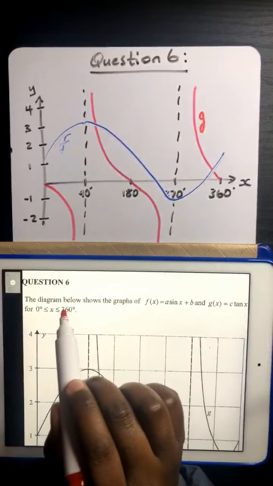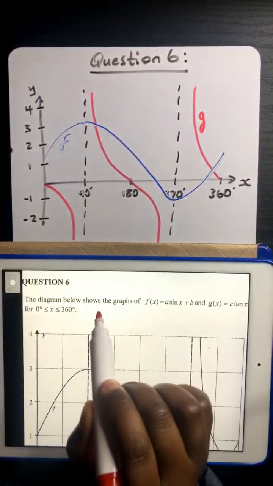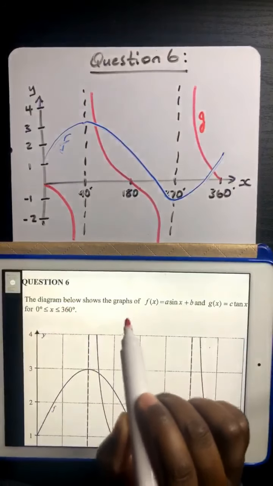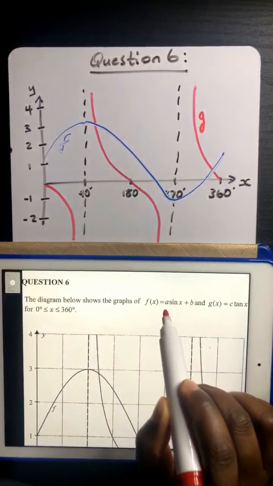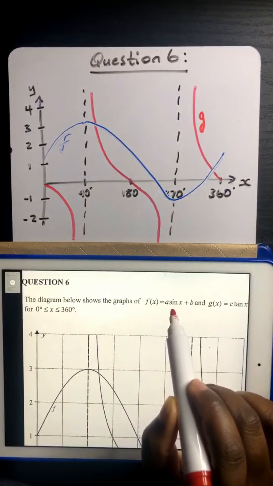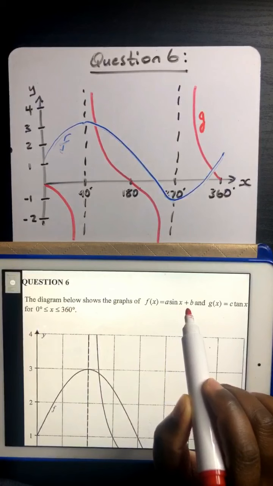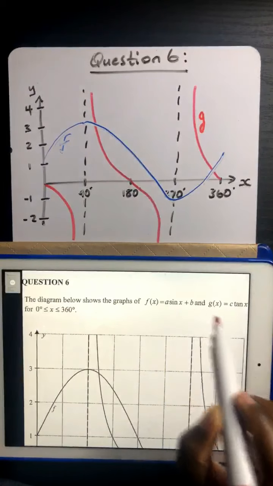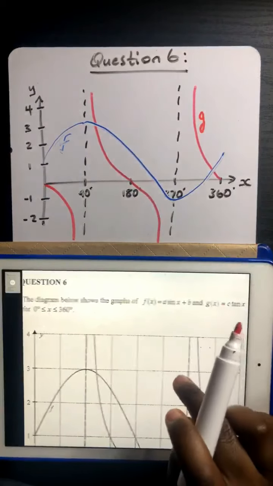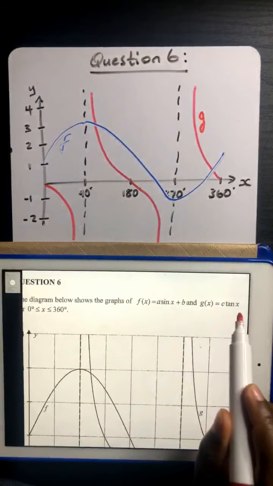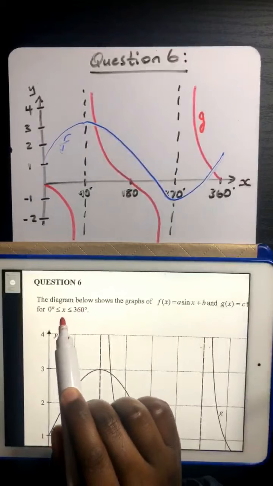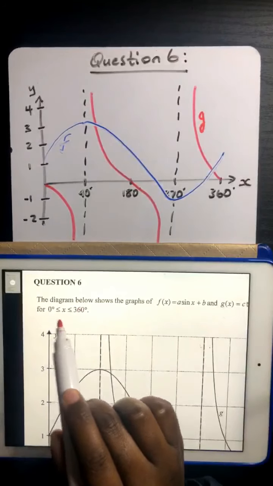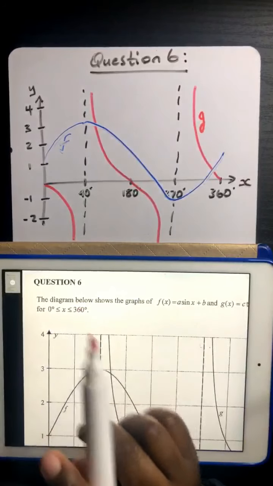The diagram below shows the graphs of f(x) = a sin x + b, and g(x) = c tan x, for x between 0 and 360 degrees.